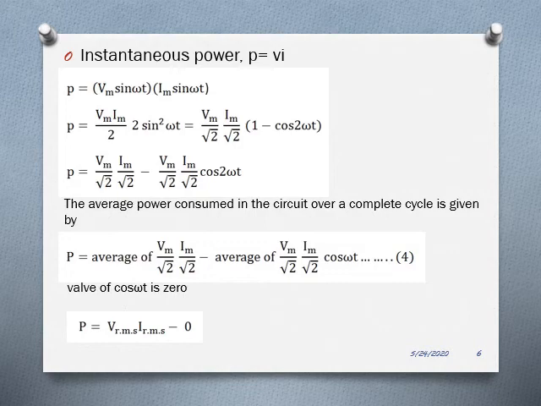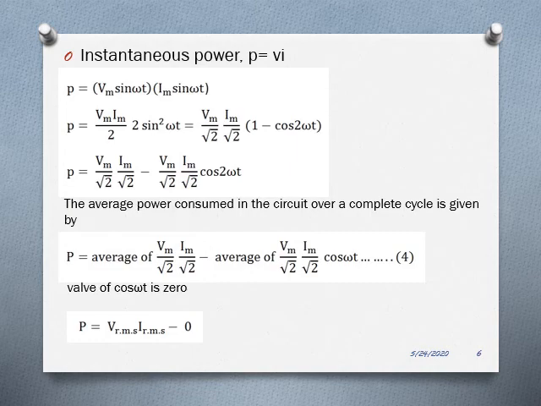Since power is a scalar quantity, we have to consider only the average power. Now, the average value of the double frequency component, that is Vm Im cos 2 omega t divided by 2, is 0 over a complete cycle. Therefore, the power absorbed will be the average of the curve p.